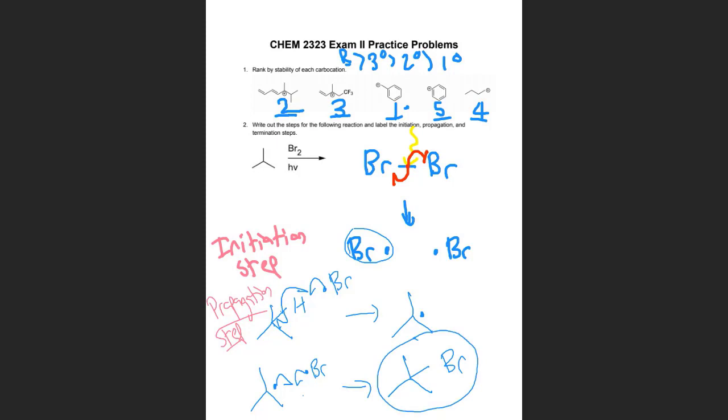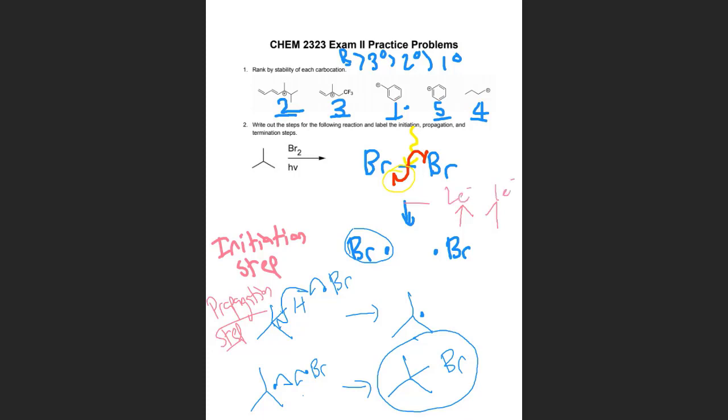Now, some important things I want to highlight is that every time I'm drawing bonds or connecting bonds, I'm using a half arrow like this. When you see an arrow like this, it indicates two electrons moving, or one pair. When you see an arrow like this, it would indicate one electron moving.